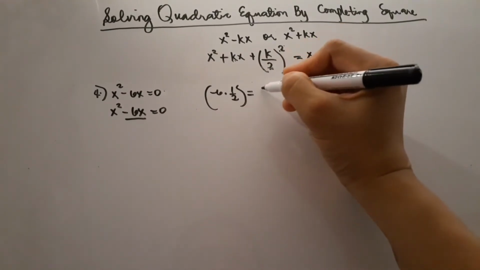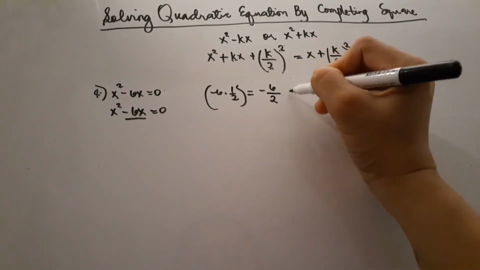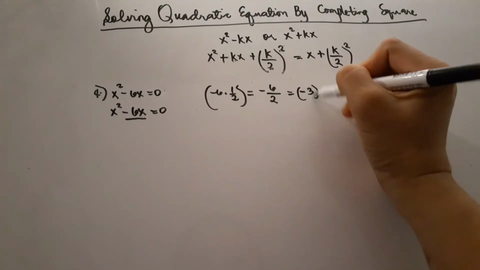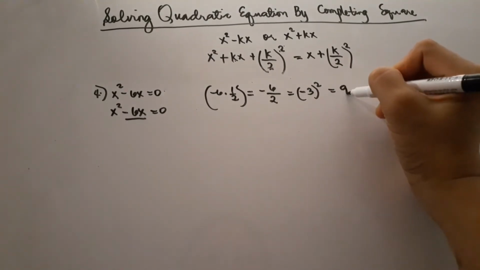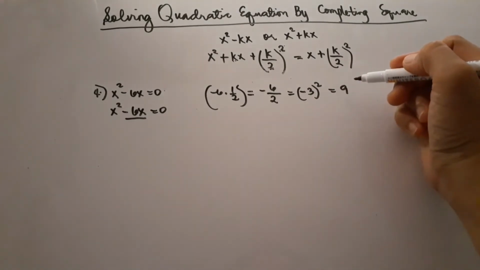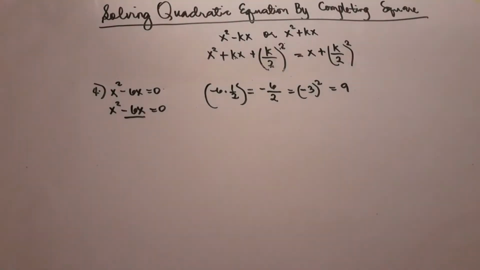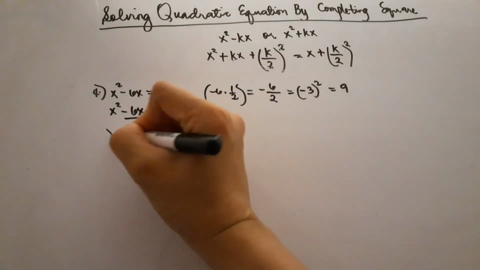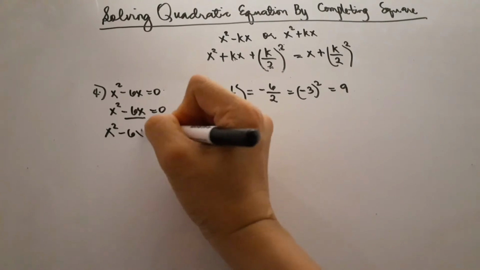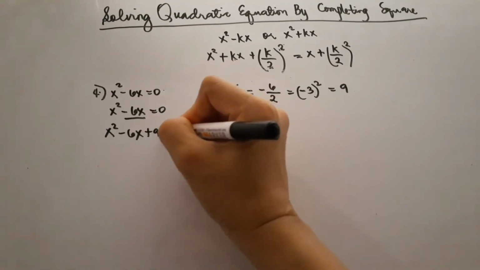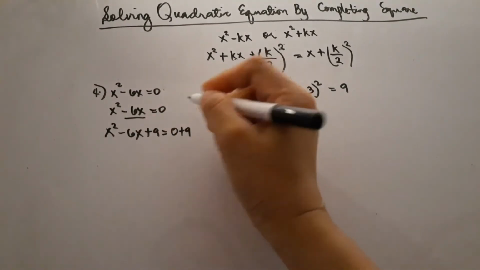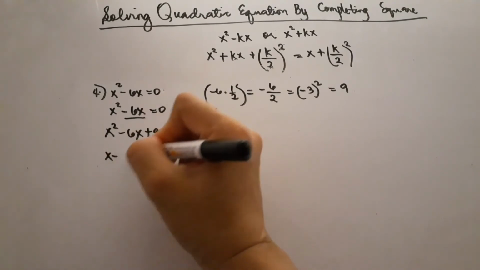We have -6 over 2, which is equal to -3, squared. So (-3)² is equal to positive 9. So we have to complete the square here. For x² - 6x, we add 9 to both sides. Then we complete the square.